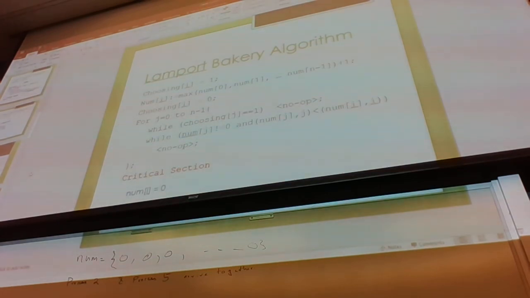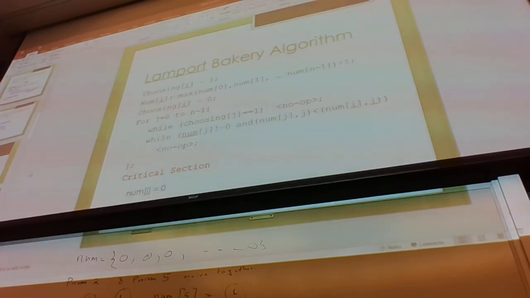If they execute the first line of the code, what will be the value of num2? 1. And what will be the value of num5? 1. Now since these are a large number of steps, calculating max, adding 1 to it, storing it into num2 or num5, let's assume that process 2, before it could store the value 1 into num2, got switched to process 5.